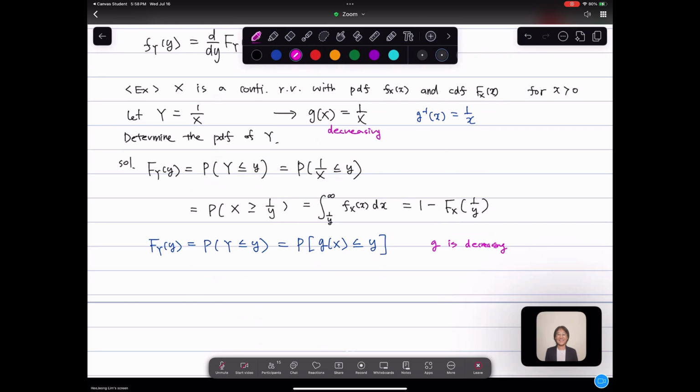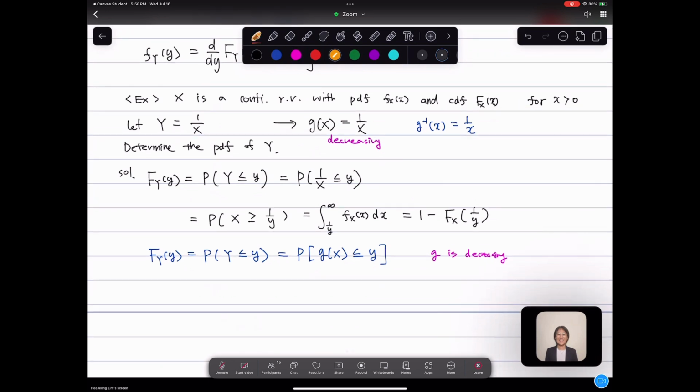So now I'm going through the process of this. This is my g of x, and I take the inverse of that. So this is my g inverse of y, which happens to be 1 over y in this case. So I'm getting X greater than or equal to this g inverse.